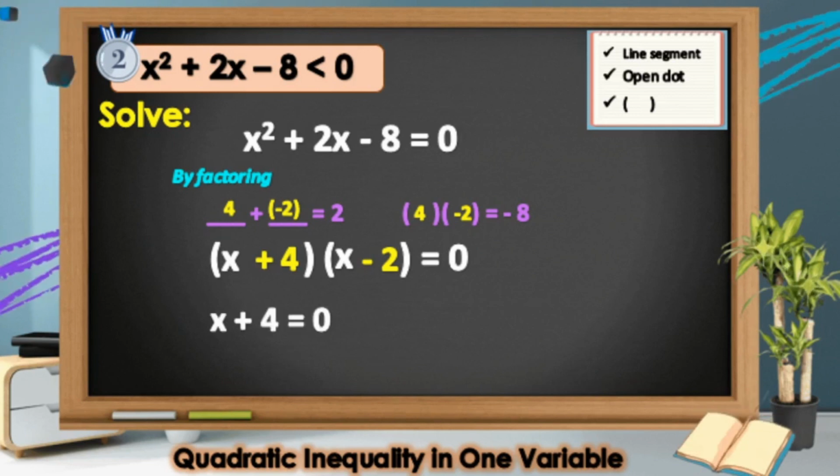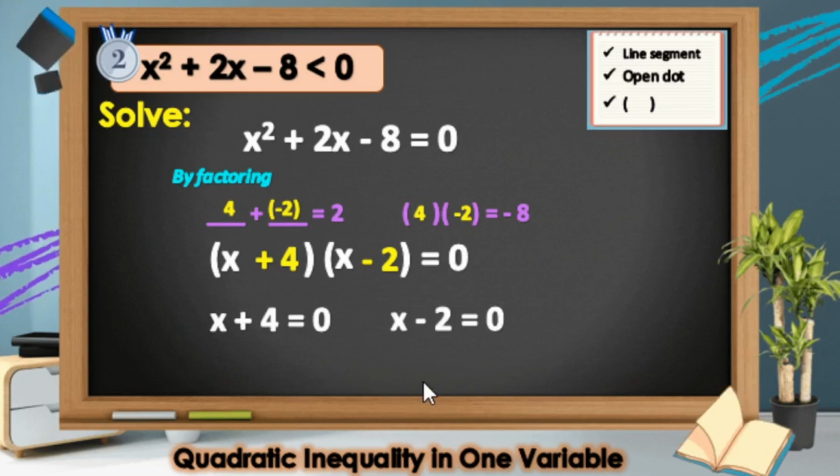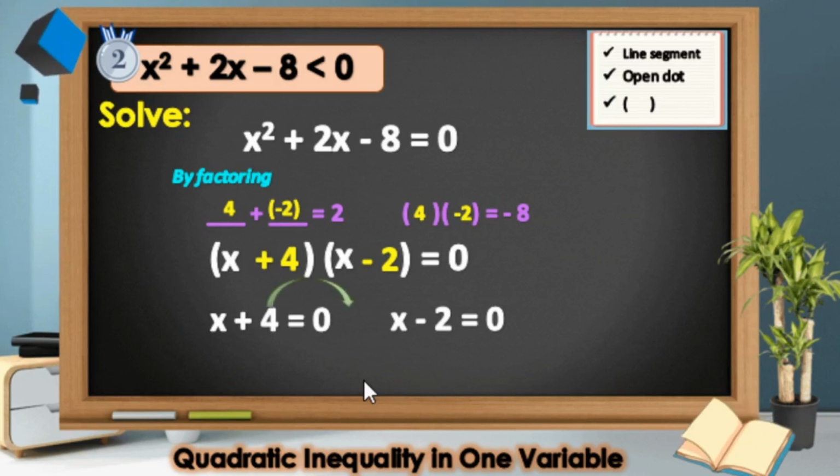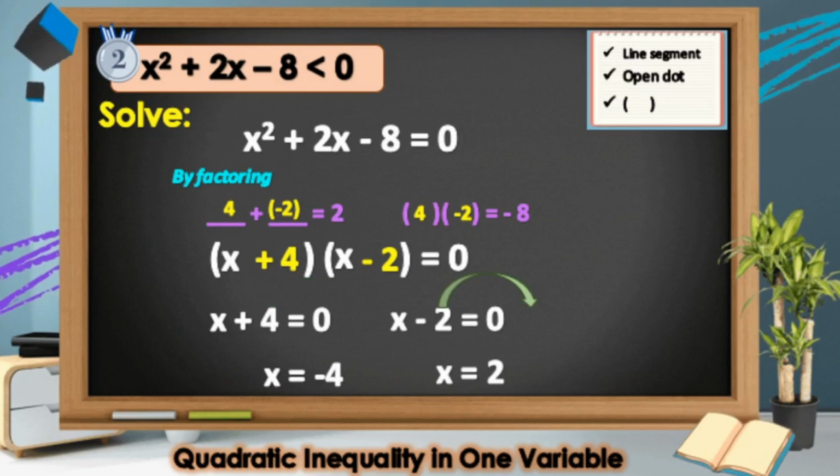Paghihiwalayin natin. So, x plus 4 is equal to 0 and x minus 2 is equal to 0. Transpose natin si 4 or yung tinatawag nating addition or subtraction property of equality. So, we will have x is equal to negative 4 and dito naman sa kabila, negative 2 itatranspose natin. So, magkakaroon tayo ng x is equal to 2.